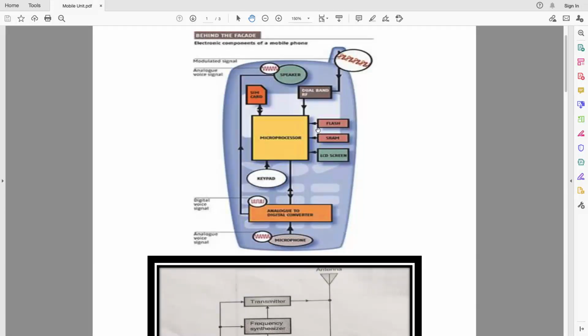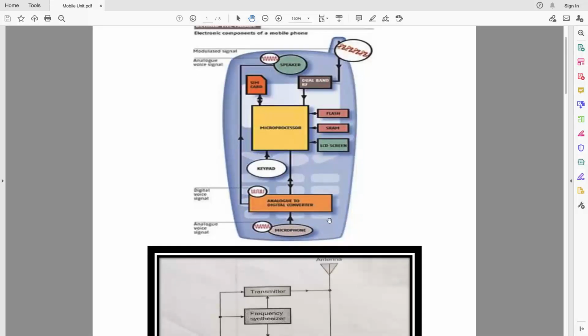So what a particular mobile handset consists of is, first, the main part, that is a microprocessor. The function of the microprocessor is to control all the remaining units. So what are the most important units? A SIM card, which gives you a unique identity, and the contact numbers you are going to dial are stored in the SIM card.